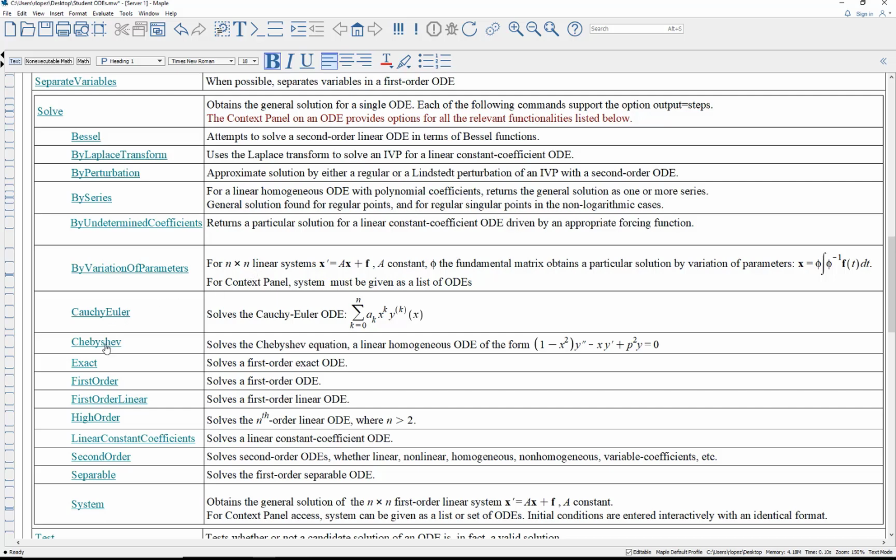Cauchy-Euler equation, the Chebyshev equation, exact equations, first order equations, first order linear, higher order, linear equation with constant coefficients, second order, separable equations, systems.